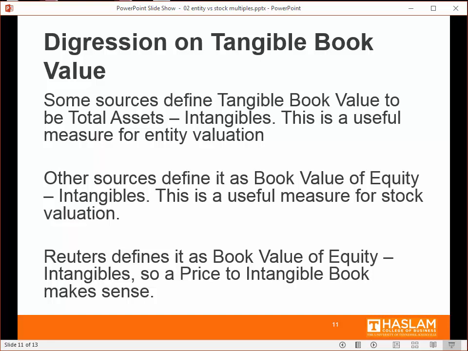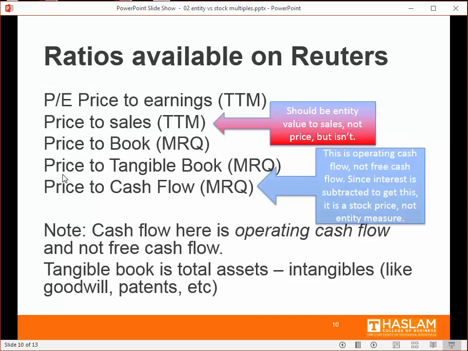Other sources like Reuters define it as book value of equity less intangibles, and if that's the case, then it's a useful measure for stock valuation, for a stock multiple. And so in the case of Reuters, price to tangible book, it's okay to have the per share price to tangible book value per share.